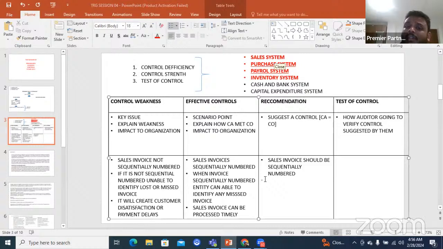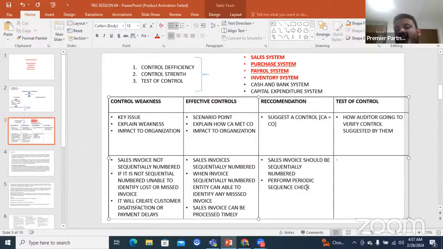What you can do is check the sales clerk, and how frequently management checks the sequence. Yes, that's what I'm trying to tell you. Direct control is that you should perform a periodic sequence check. Yes, I'm suggesting a control.